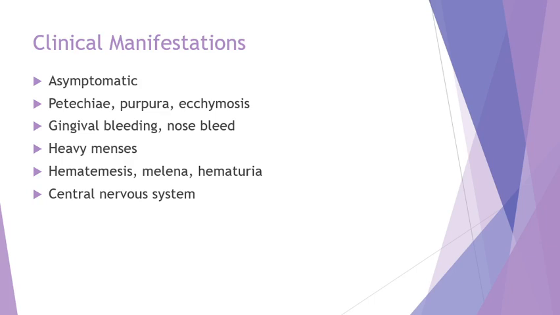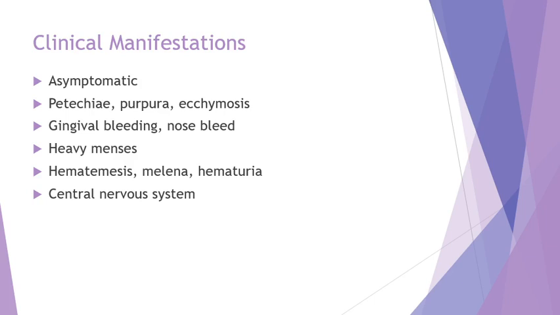Despite the fact that their platelet count is low, the platelets are young and functional, and they do tend to adhere to the endothelial surfaces. And so spontaneous bleeding really doesn't occur much with this. It certainly can at the lower levels. Treatment is not initiated unless bleeding becomes severe or life threatening.